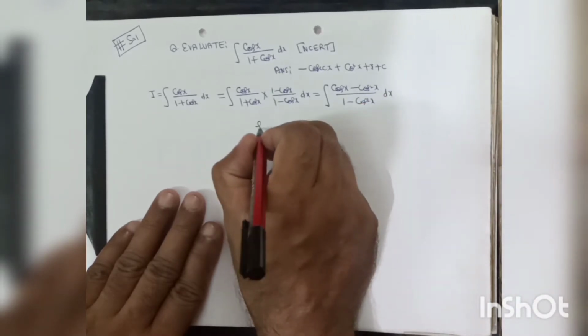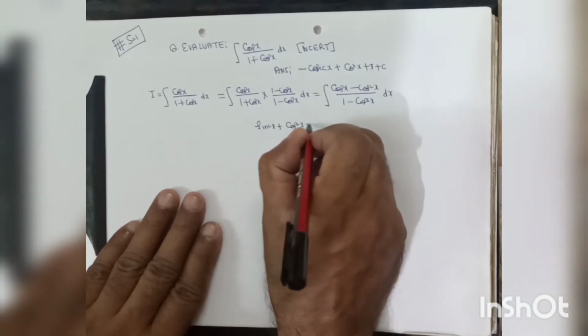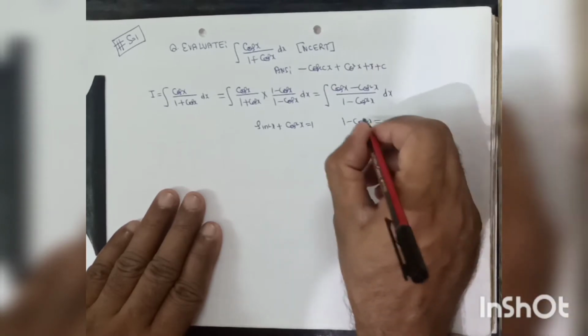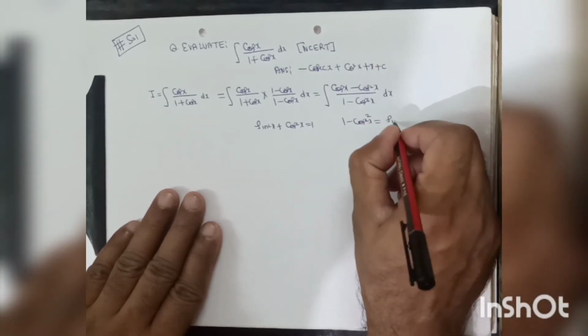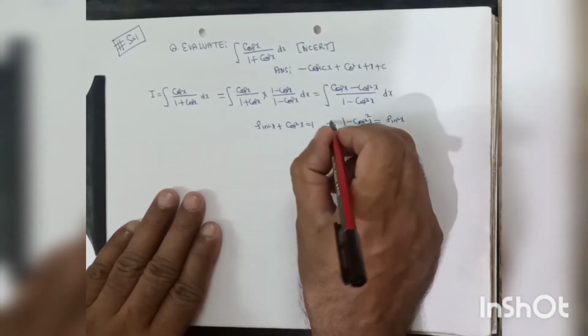Now we know the formula sin square x plus cos square x is equal to 1. So 1 minus cos square x may be written as sin square x. So we will use this formula here.